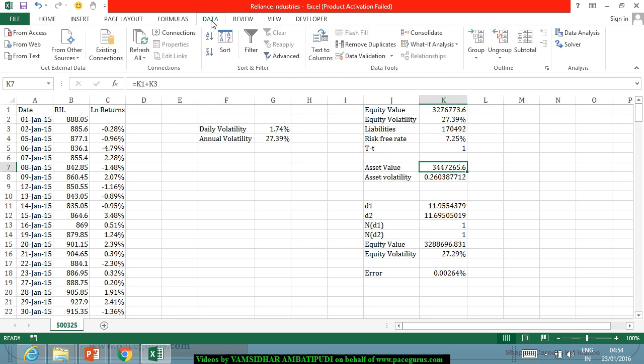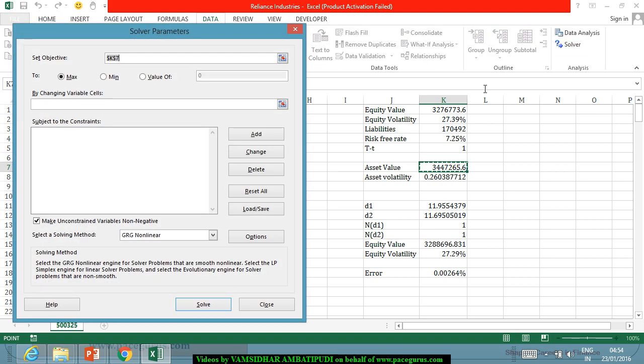This is where we go ahead with the solver, which will help me minimize this particular error. Can I reduce it by some extent, wherein I want to change these two numbers, the asset value and the asset volatility?